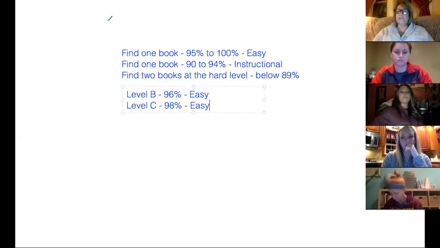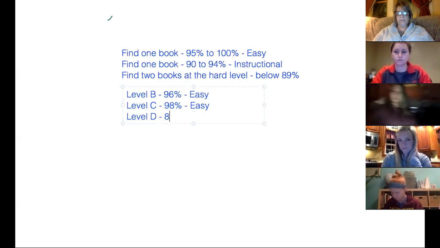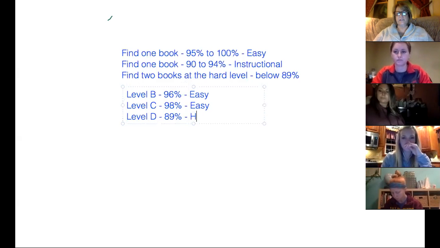You have 2 easy books. See, that's why I sent you more than you think you need. And then we do level D, and maybe it comes out 89%. That's the hard level. But look, you don't have an instructional level.